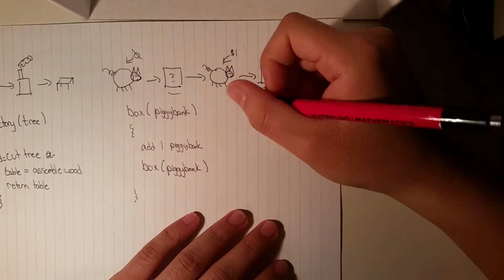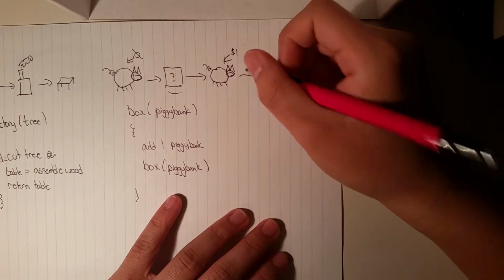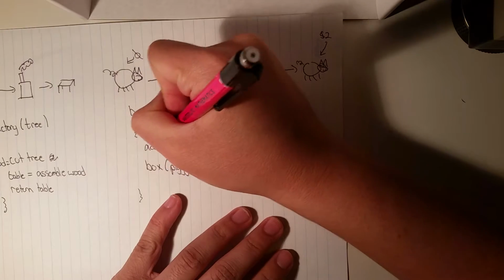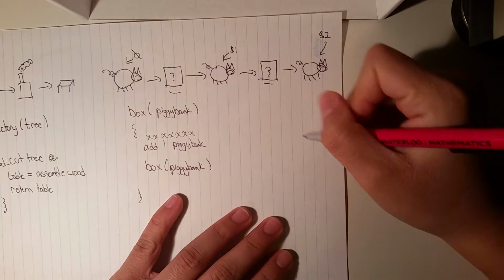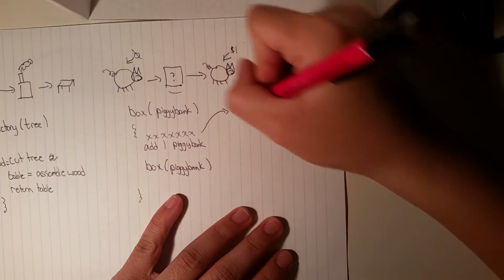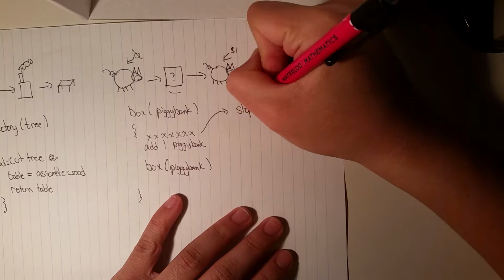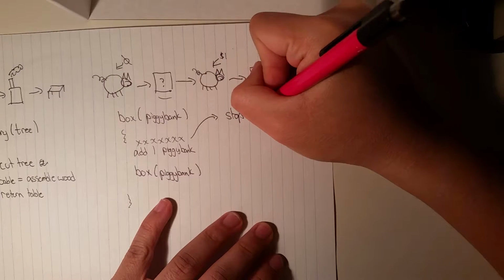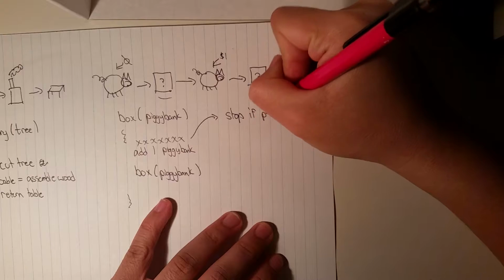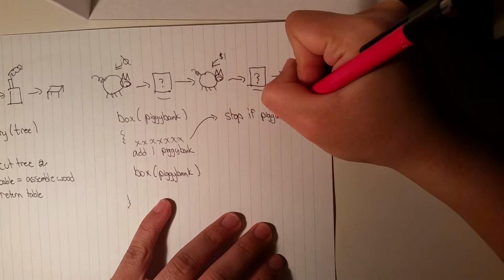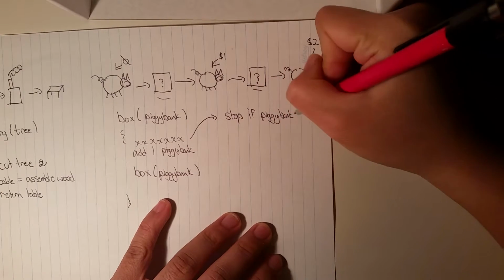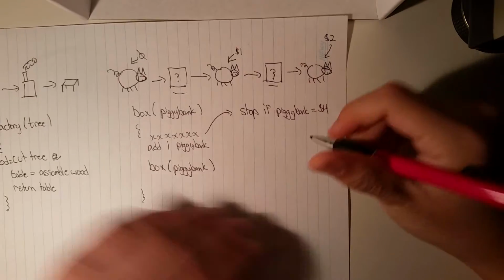And that's generally known as a stop case, which is just a check at the beginning of the function before we modify the data. So this would be the stop case, and let's say we want to stop if the piggy bank has $4.